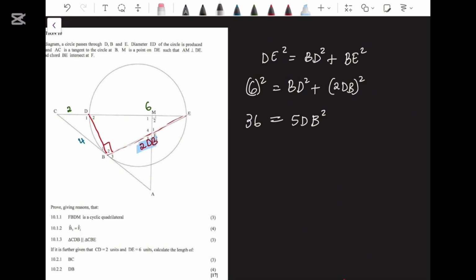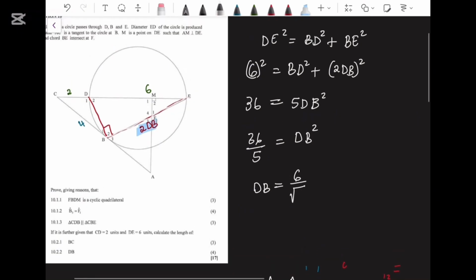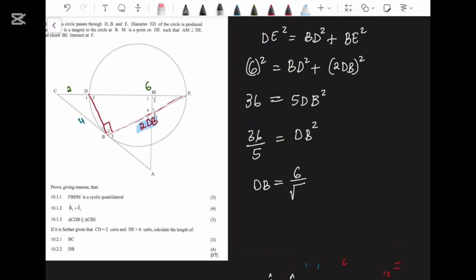Okay, divide by 5 on both sides. So we have 36 over 5 is equal to DB squared. And then we put a square root on both sides. So DB that we are looking for will be the square root of 36, which is 6, over the square root of 5, which is not a perfect square, so it will remain under the square root. So it will be 6 over root 5. And then we are done with this question.